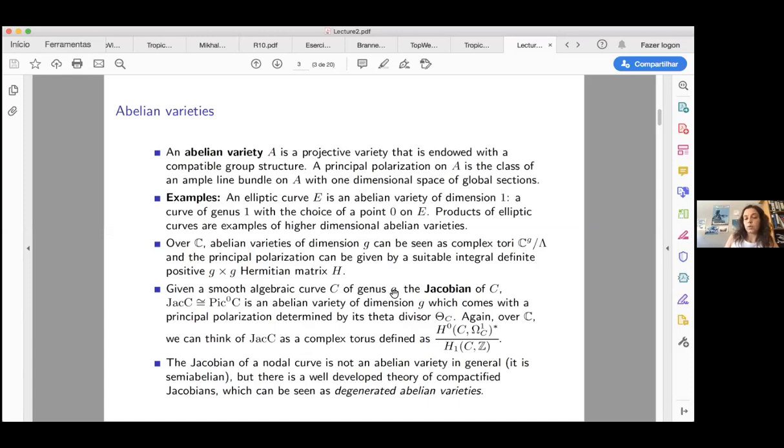However, what is going to be important in the classical story, though I'm not going to enter too much into that today, is that there's a well-developed theory of compactified Jacobians, which you can see as degenerate abelian varieties, and that will play the role of the boundary points that we are going to consider.